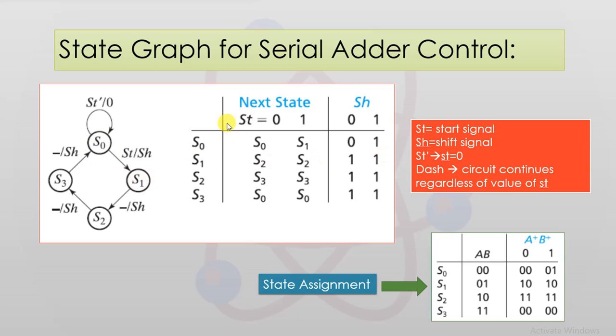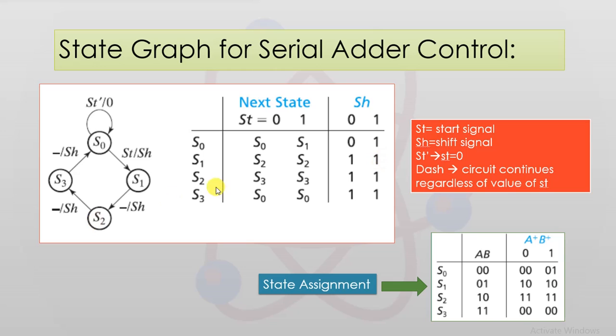S1. Next, when you are in the state S1, irrespective of the value of the start signal, whether it is 0 or 1, you are going to move from S1 to S2, and simultaneously a shift operation is going to take place, hence the value is equal to 1.